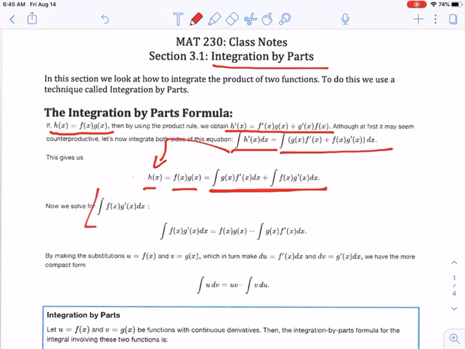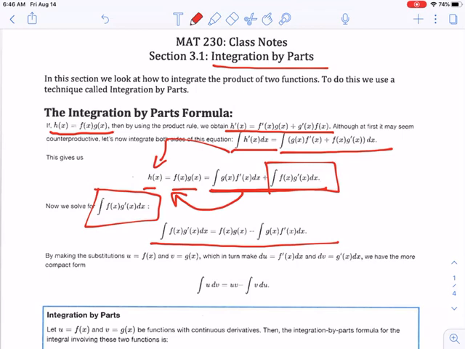Then what we want to do is solve it for this particular integral, which is this one right here. So to do that, we have to take this and subtract it to the other side. And we end up with the integral of f times g prime dx is equal to f times g minus the integral of g f prime dx.